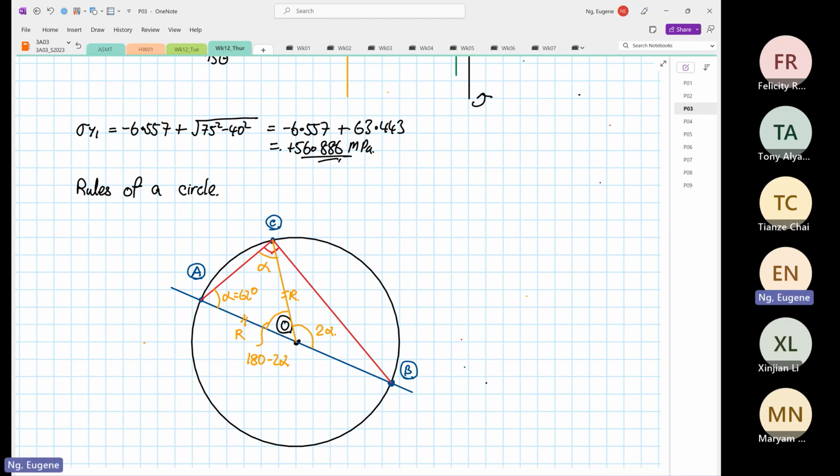And when I measure the 2 alpha, I get something like 124, approximately. So these are the rules of the circle. We are going to apply the rules of the circle now to look for the other 2 points.